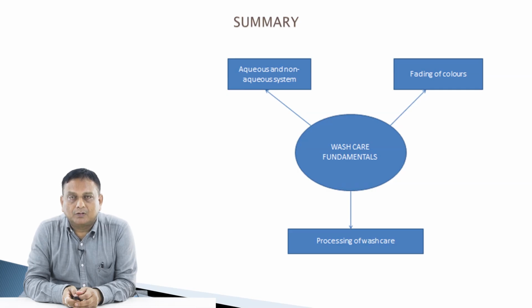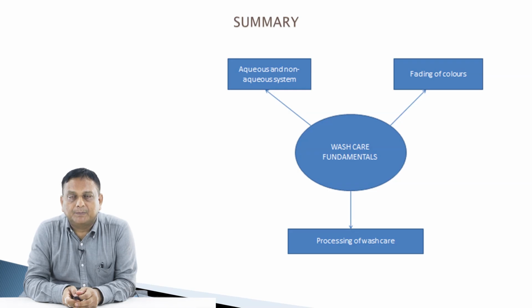It will not only enhance the appearance of the garment, but also it will increase the useful life of the garment if it is washed properly at a particular temperature, particular concentration of detergents.